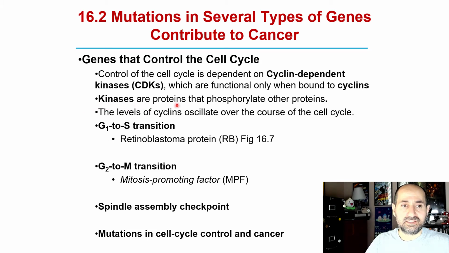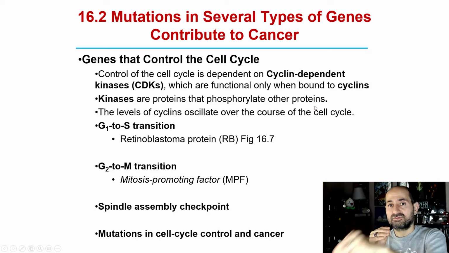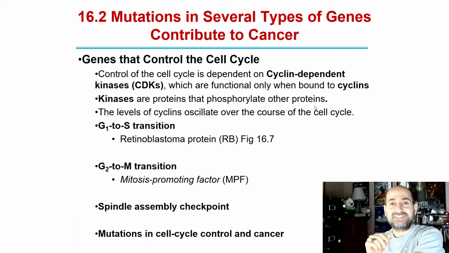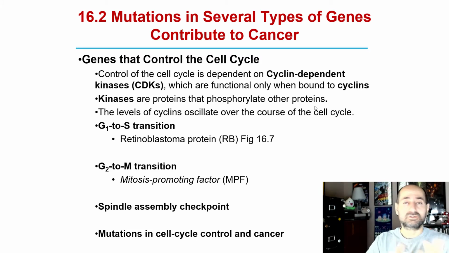Kinases, when they're active, are proteins that phosphorylate other proteins. Usually, when a kinase phosphorylates another protein, it activates the next protein. This is all part of what's called cellular signaling or signal transduction. This protein gets activated, which then activates the next protein, and then that could lead to cell division or some kind of cell event, right? Or gene transcription, cell division, etc.